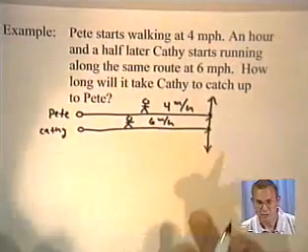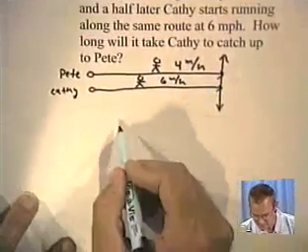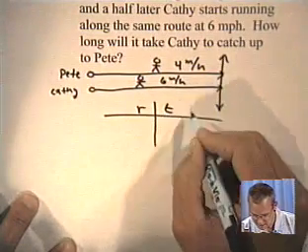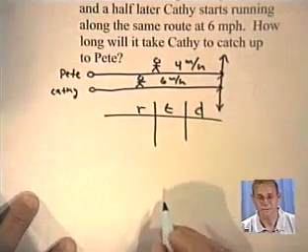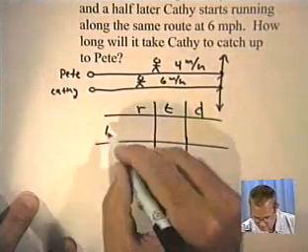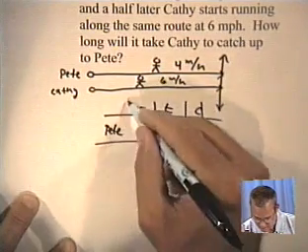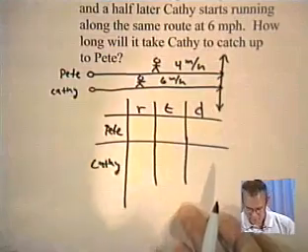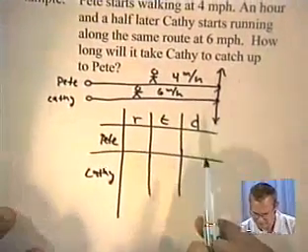So let's draw our little diagram, our little table. I've got rate times time is equal to distance. Now let's look at the problem here.